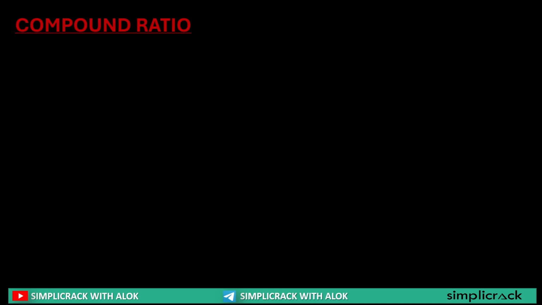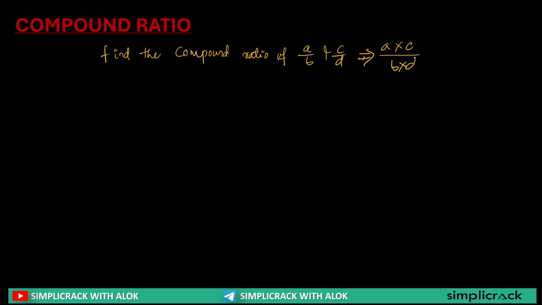So now if I have to derive a formula, what I will do? If it is given, find the compound ratio of a by b and c by d, it will be a multiplied by c, b multiplied by d.